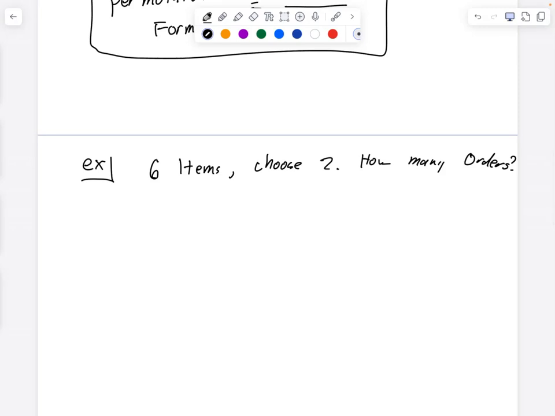It has what is called a permutation operation or function. There is a permutation function built into Desmos.